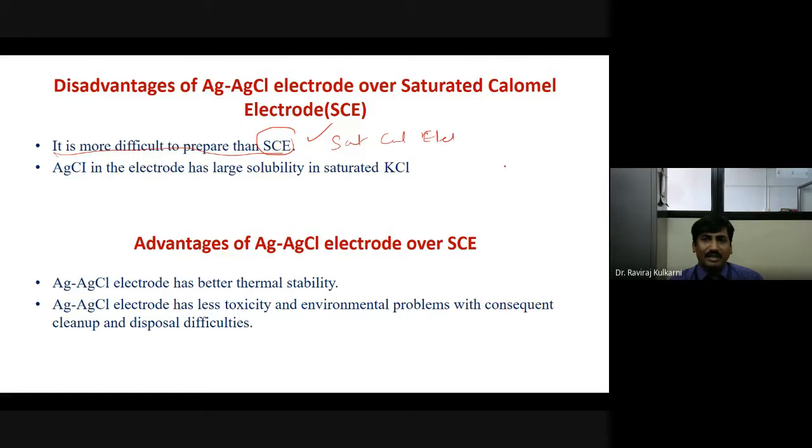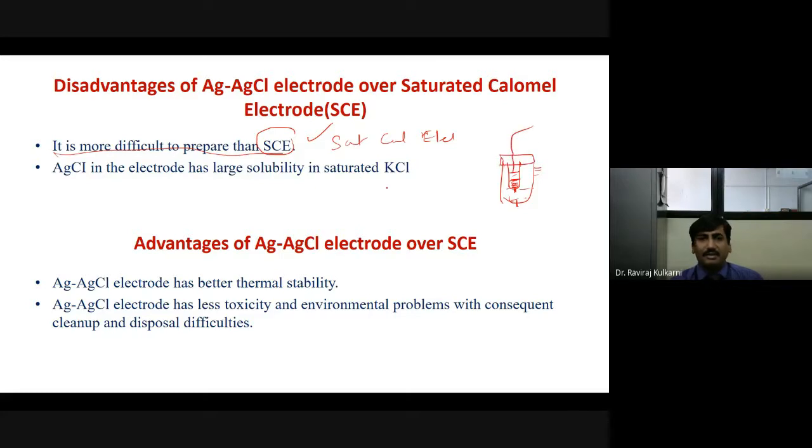Because you have to handle the liquid. You have to take one inner tube, in that you are adding mercurous chloride, then mercury. Then there is an opening, one more tube, in that you are filling KCl solution. There is an opening for KCl, and there is a platinum wire.